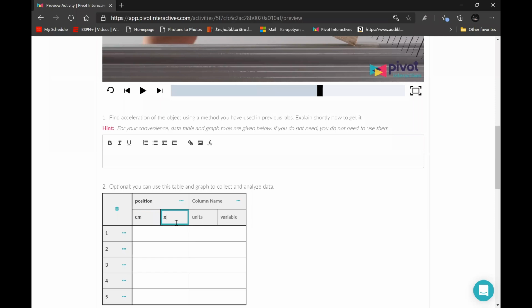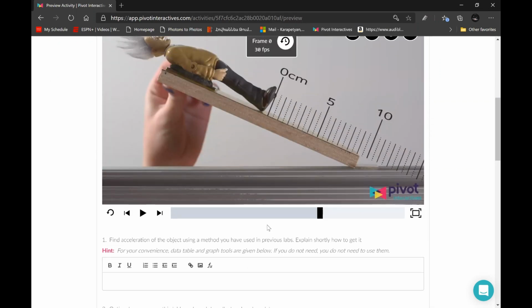Let's say this is variable X, and this is 0 when time in seconds, variable t, is also 0. If you want, you can measure things in centimeters and then convert to meters, because when you're dealing with newtons, you always have to use meters and kilograms.